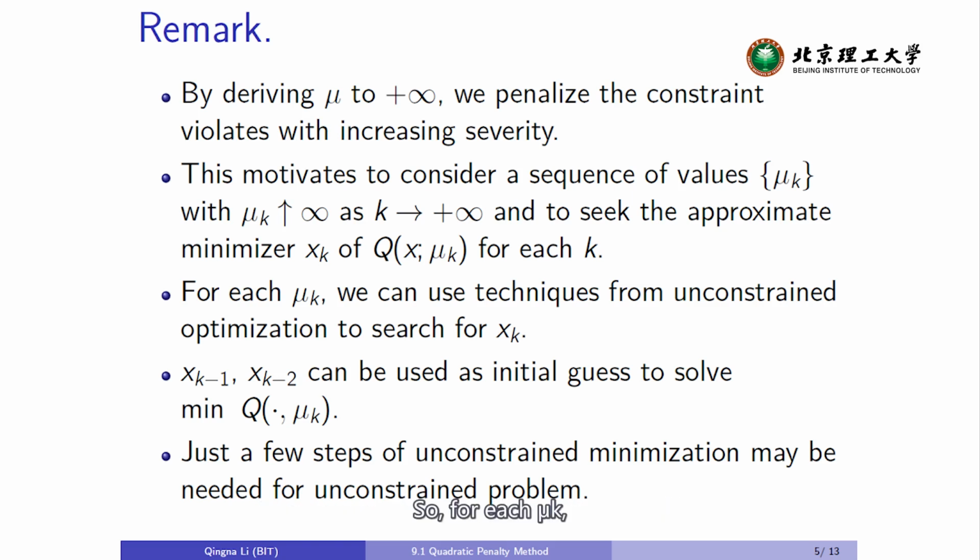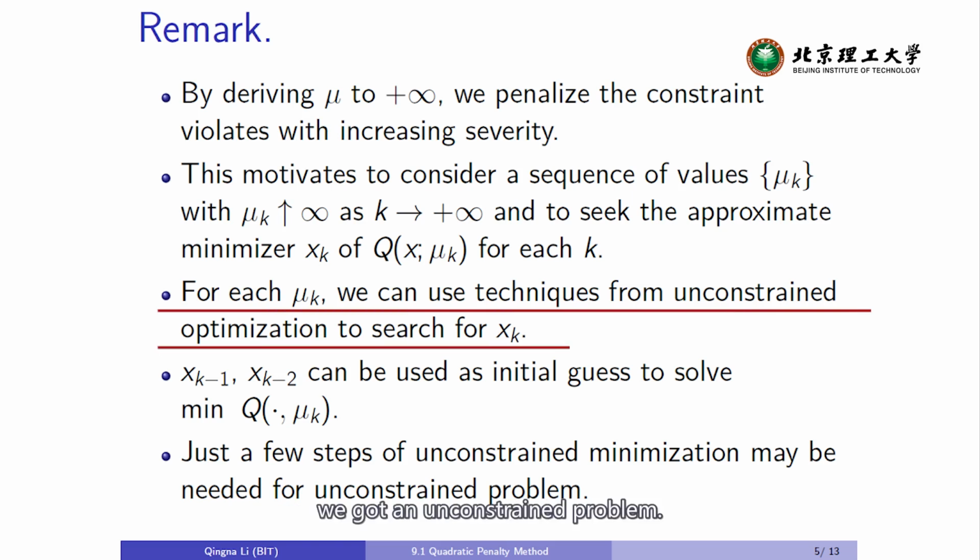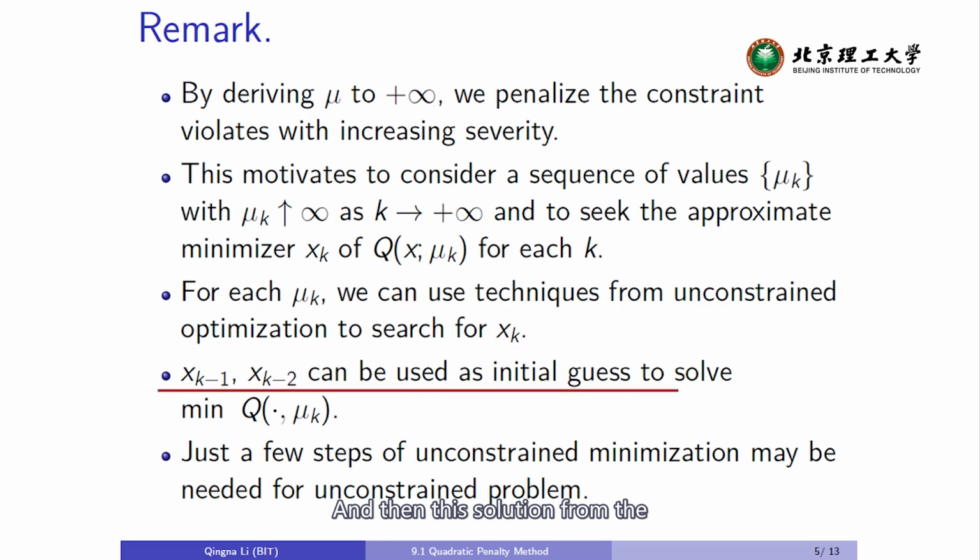For each mu k, after we fix mu k, we get an unconstrained problem. We solve this unconstrained problem to get an approximate solution, which may violate the constraints. Then this solution from the quadratic penalty problem provides us the initial guess for solving the next iteration.